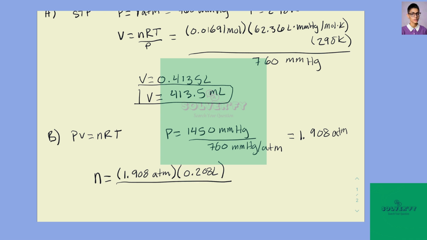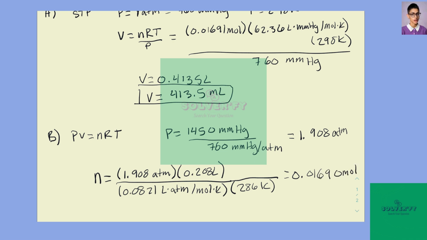And we're going to divide that, and I'm going to use a different R value this time, so 0.0821 liters atmosphere per mole Kelvin. And then I'm going to times that by the temperature that they gave us, which is 286 Kelvin. Alright, and then this is going to equal out to be 0.01690 moles.